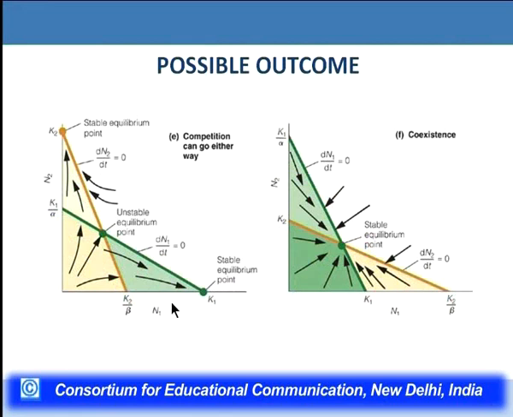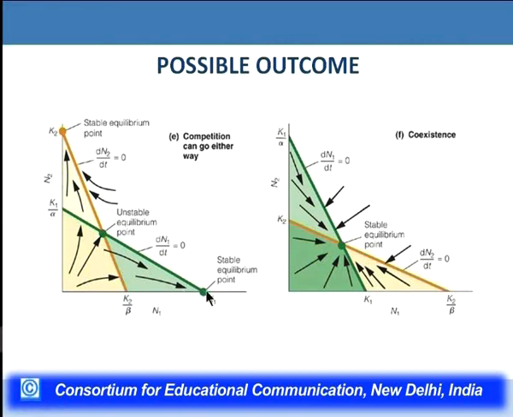Here we see that K2 by beta is much less as compared to K1, and K1 by alpha is much less as compared to K2. So any of the species can increase their number to reach its carrying capacity. If species 2 reaches K2, then there will not be any individuals of species 1.